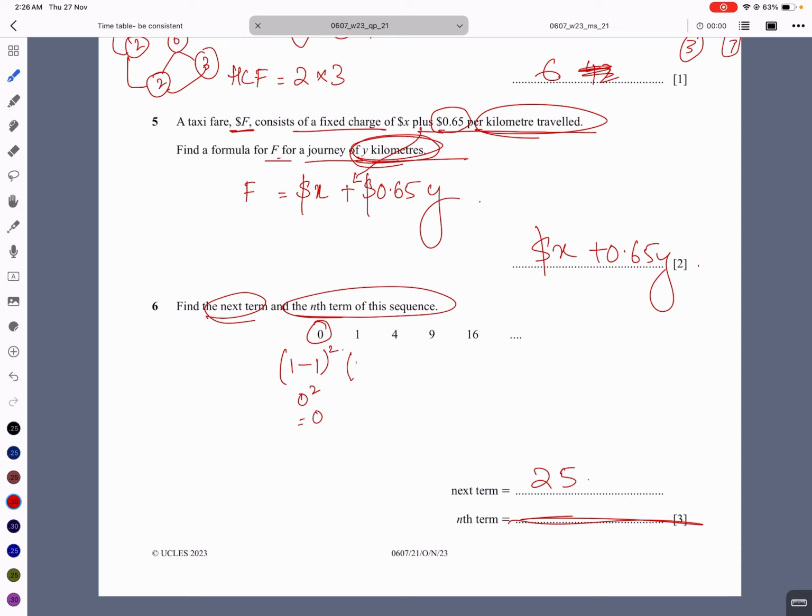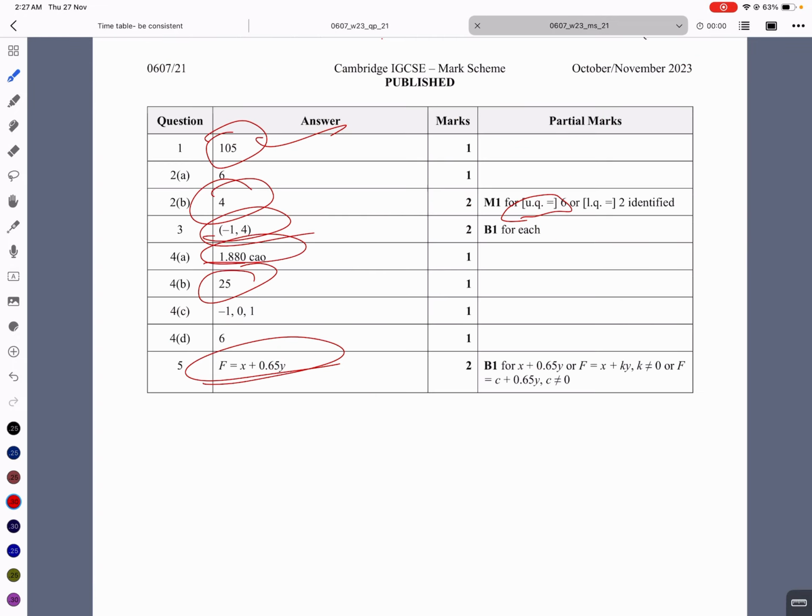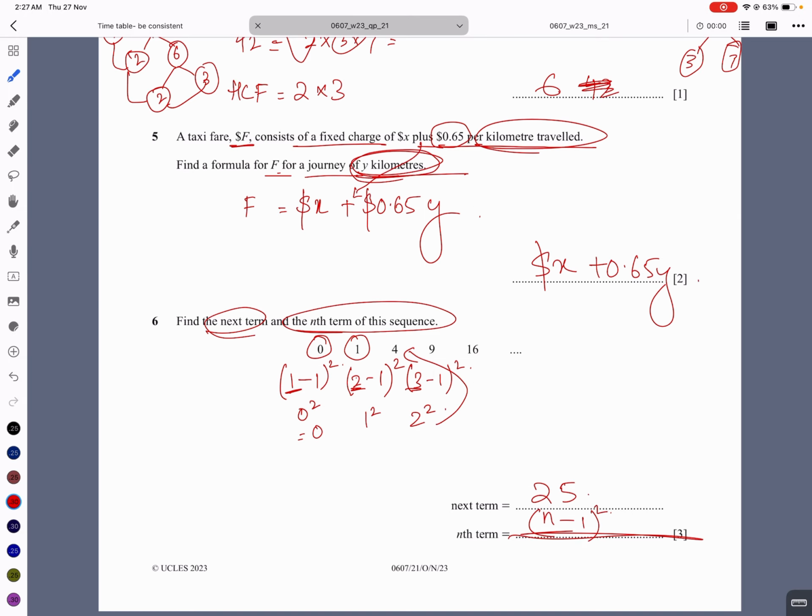Similarly, 2 minus 1 squared, 1 squared, gives 1. 3 minus 1 squared, 2 squared, is 4. So the nth term will be n minus 1 whole squared. If you check the answer, it's right.